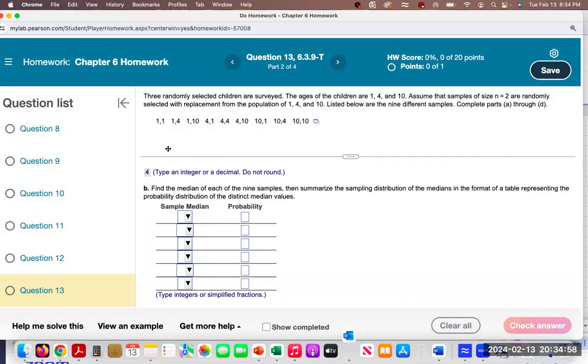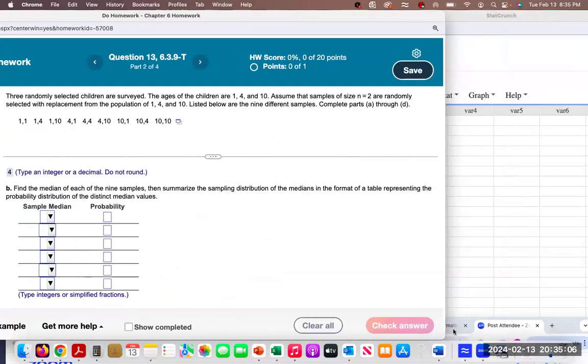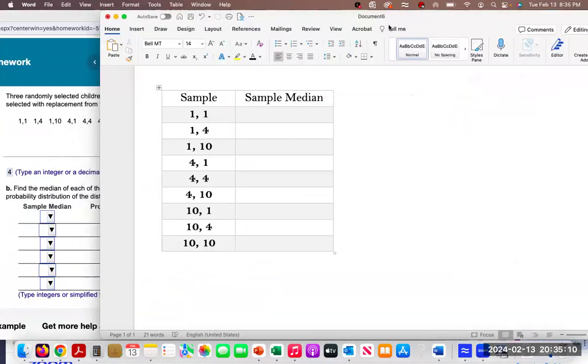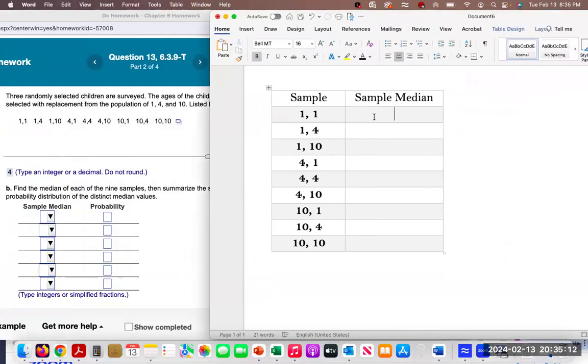So we have all these samples, the 9 samples. Let's find the median. I made a table. For the sample 1, 1, the median is 1. You find that by adding and dividing by 2. So it's 1.